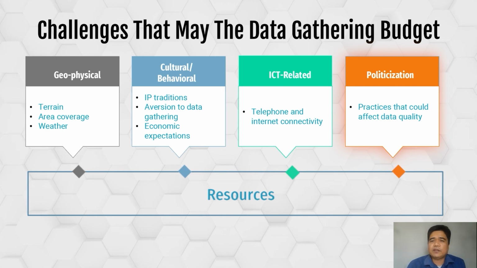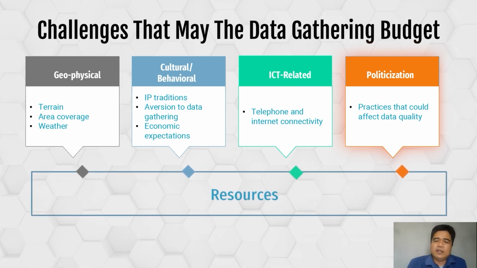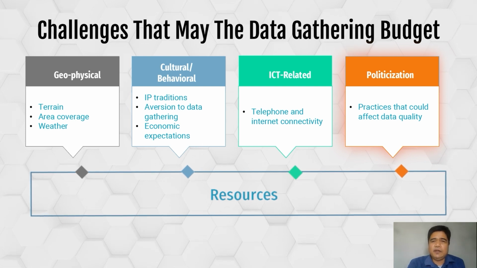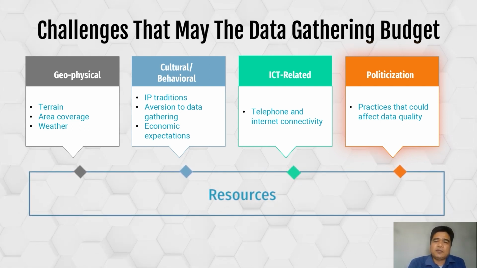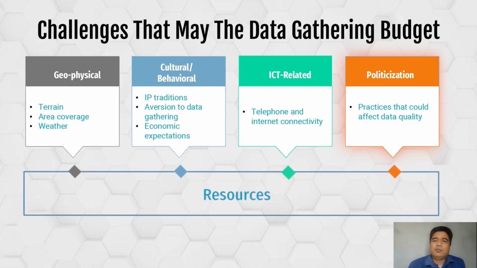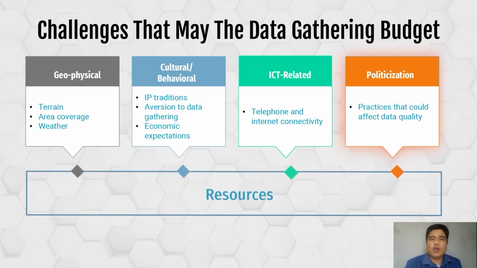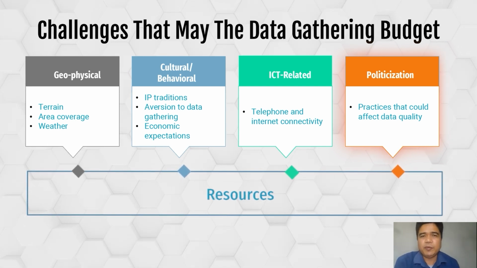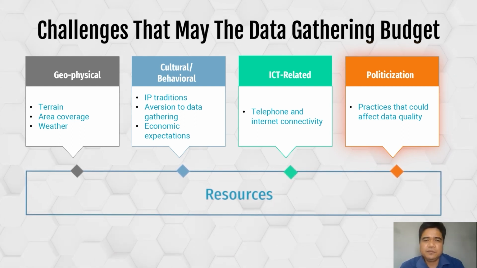So the effect, of course, will be on the quality of data, especially if there are questions or items in the instruments that involve or have different interpretations or can be interpreted politically.